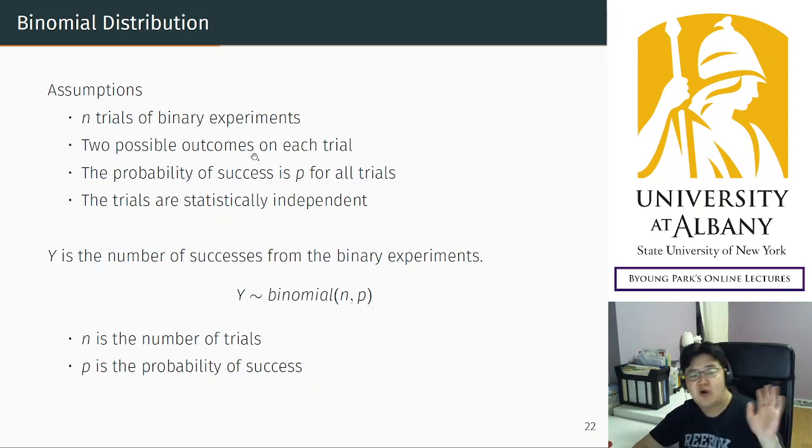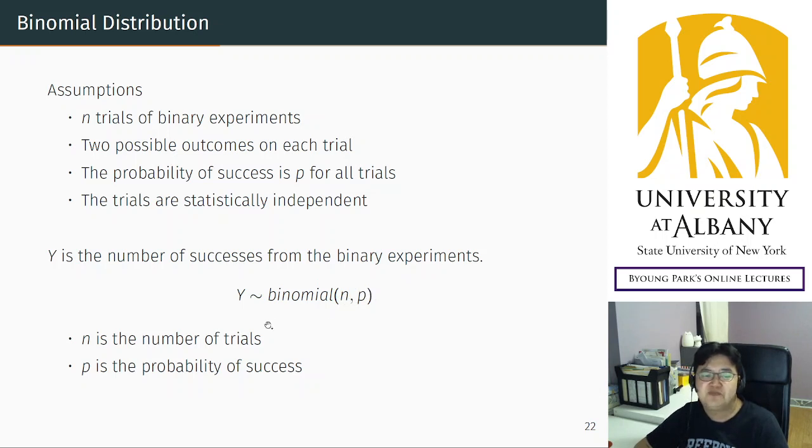Okay, anyhow, there are 4 assumptions. If these 4 assumptions are satisfied, then we write that the binomial random variable y follows a binomial distribution with parameters n, p. So the name of the distribution is the binomial distribution family with 2 parameters.